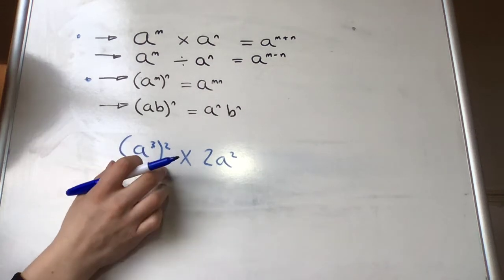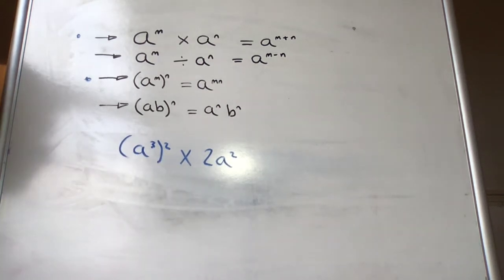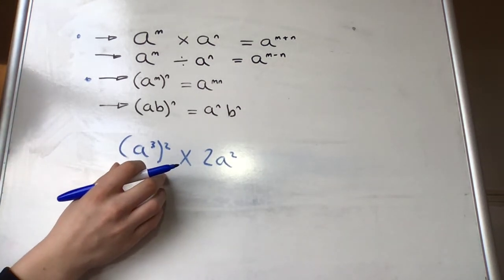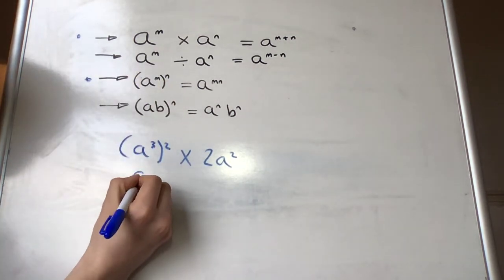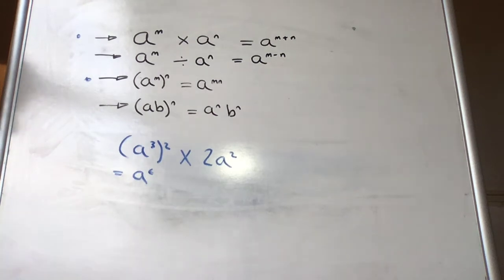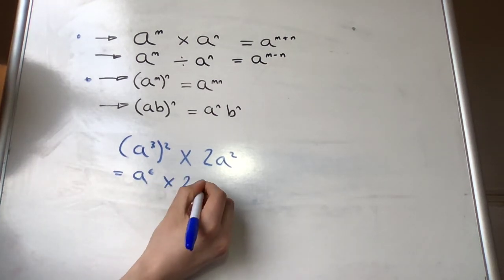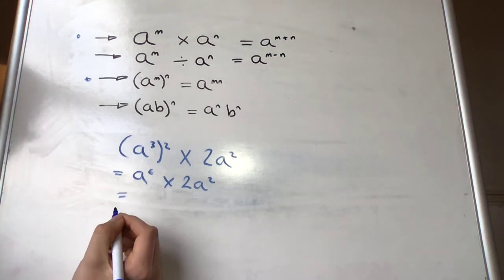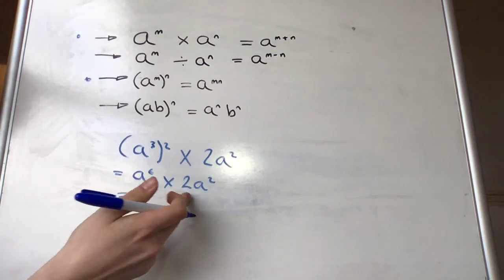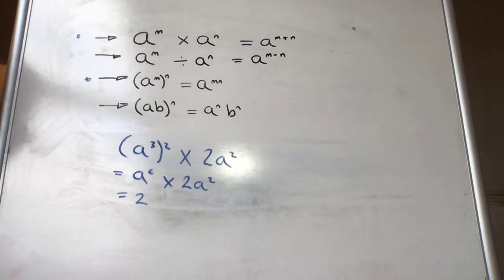First of all, let's deal with the first section. We know that a to the power of n, to the power of n, means multiplying the powers together. So that would give us a to the power of 6, and then that would be times 2a squared. But we know there's still a further step we have to do. If we split up the terms, that gives us 2 as our separate term, and then the a's need to be put together as well.